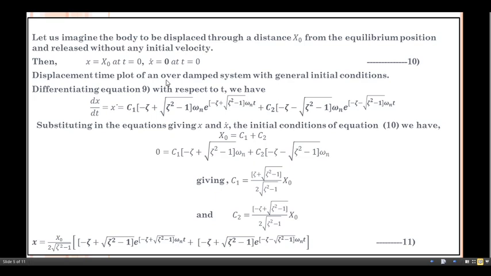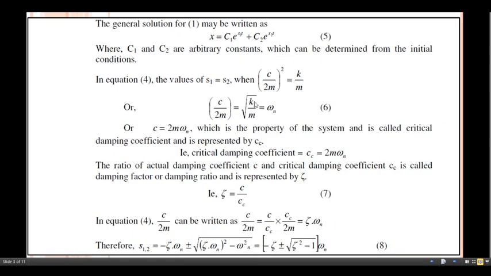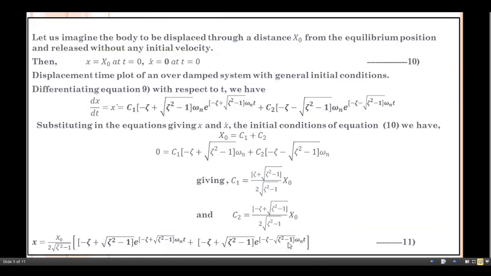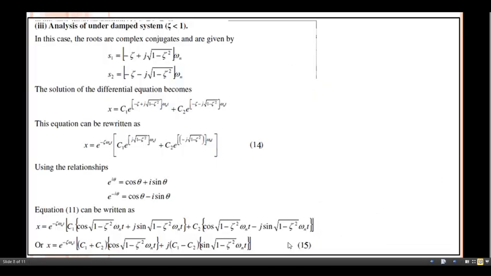Look towards equation number 8 once again. When the value of zeta is less than 1, zeta and 1 change their places, so the roots become complex conjugates. So we can get the roots like this, s1 and s2.